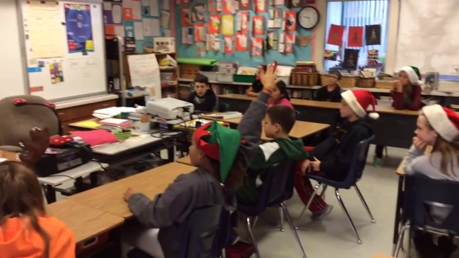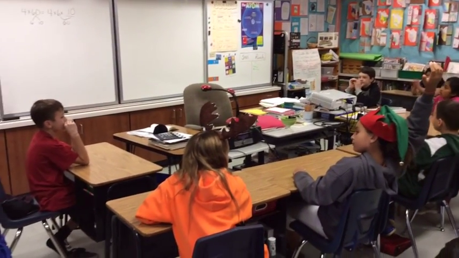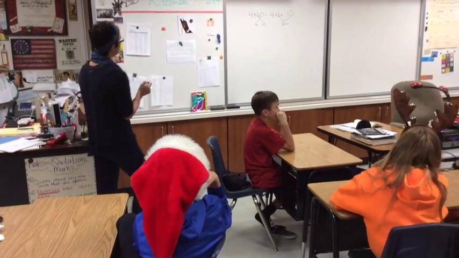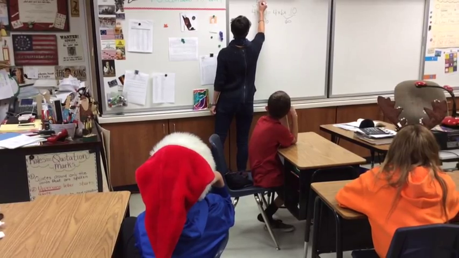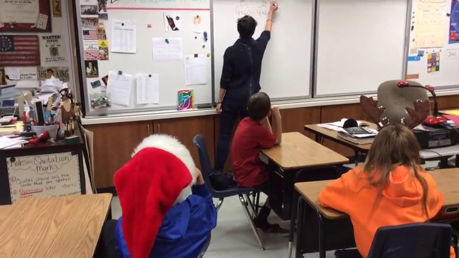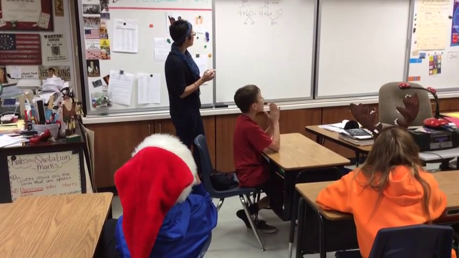Did anyone see it a different way? Well, I knew that 4 times 60 is 240, and 4 times 6 equals 24, times 10 equals 240. Okay. Yeah, that's it. 2 different ways to look at that.